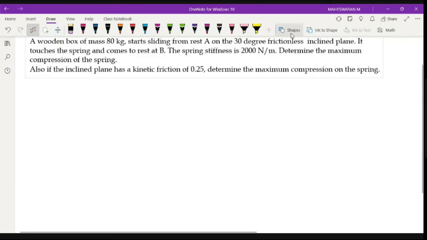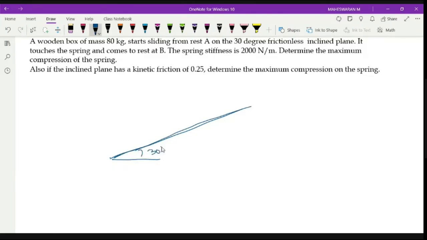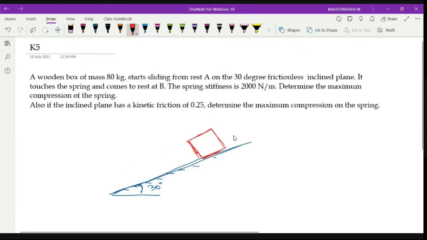So let me consider here. This is my inclined plane. This is 30 degree, which is mentioned. You have a block here. This is your block. The mass of the block is given, which is 80 kg.